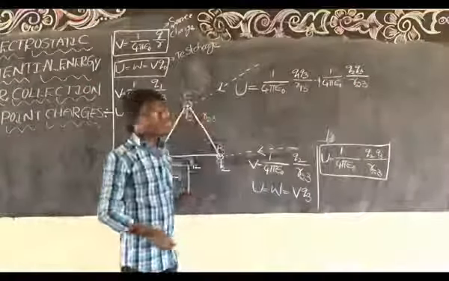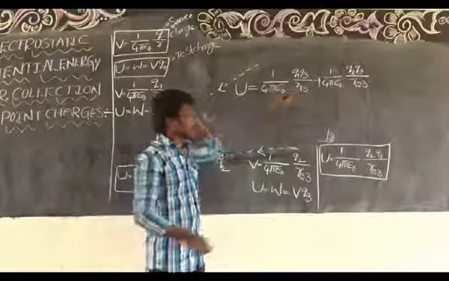What is the common term here? 1 by 4 pi epsilon naught. Please take it right outside.